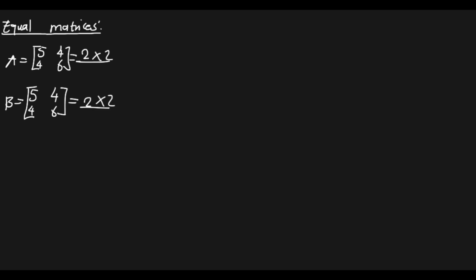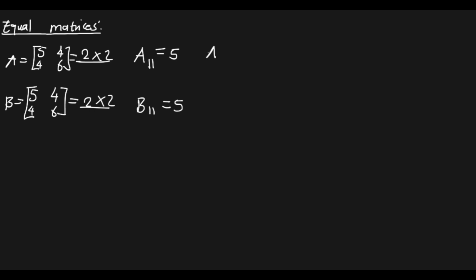So the first step for two matrices to be equal is that they need to have the same order. We have seen that we have the same order. Then we also have to look at whether the corresponding elements are equal. A11, first row, first column, is 5. B11, first row, first column, is also 5. So you can see that the first numbers correspond.